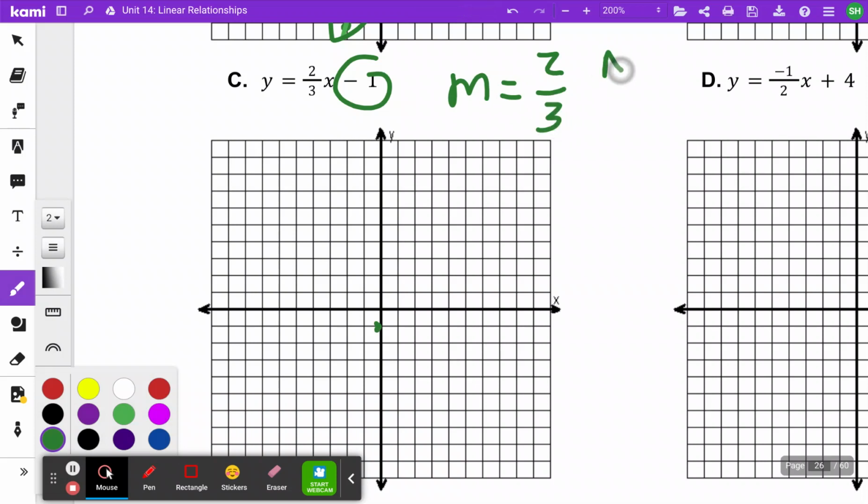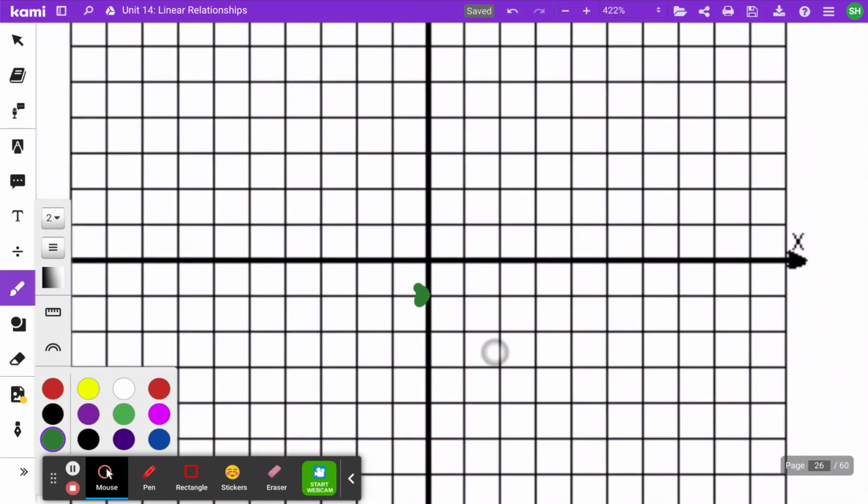If we compare that to change in y over change in x, that means we're going a change in y of 2 and a change in x of 3. So that means up 2, right 3. Up 2, right 3.